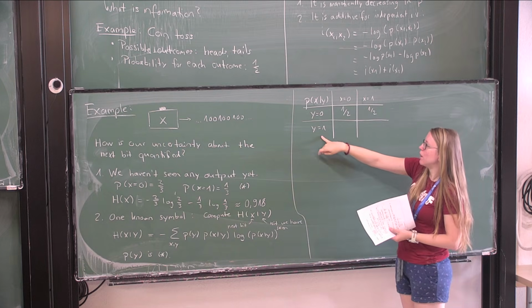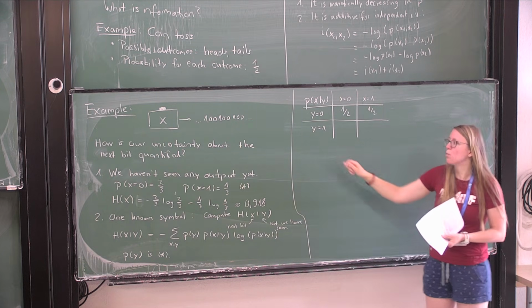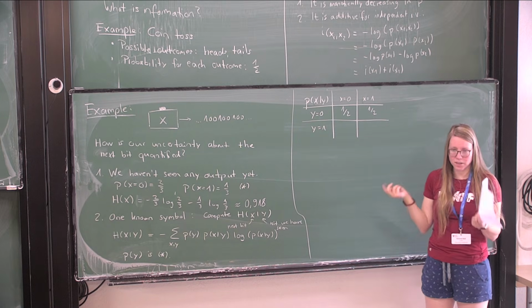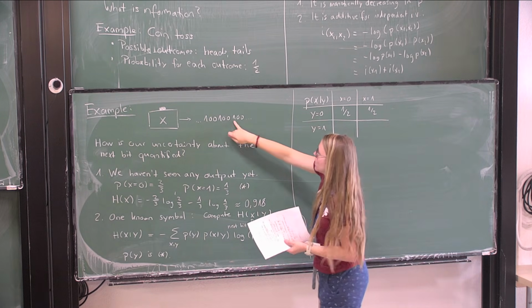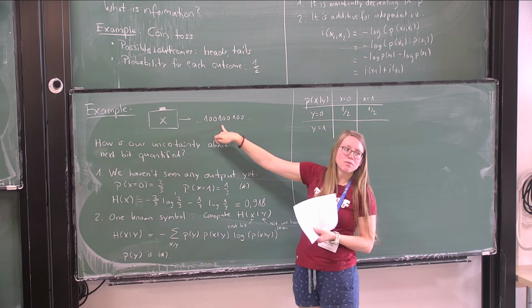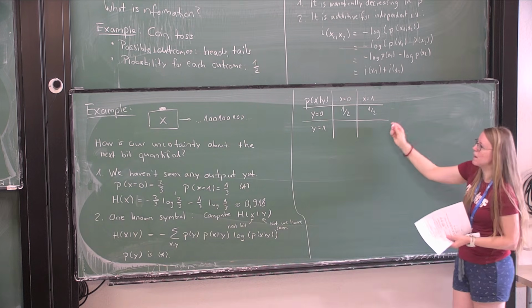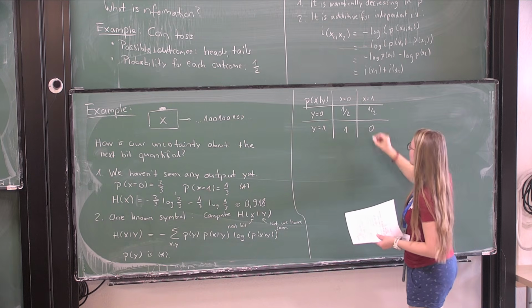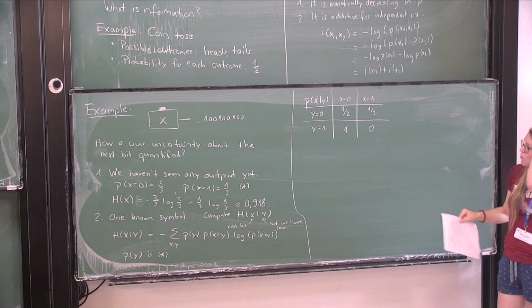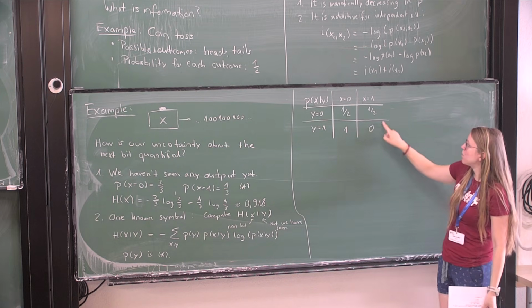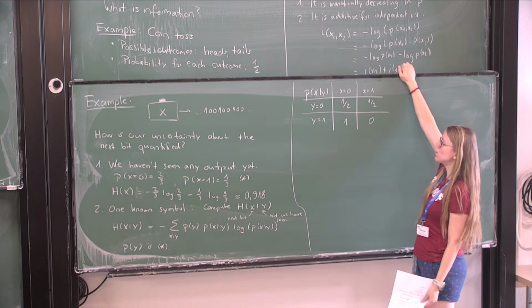If the bit that I've seen is 1, what's the probability that the next bit is 0? 1. Because then I know exactly I'm at this position in the bit string, and it has to be a 0. A 1 is never followed by another 1. So from knowing the structure of the box, we could come up with the conditional probability distribution.